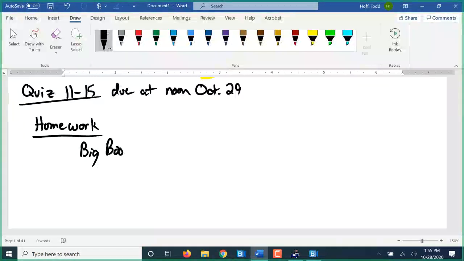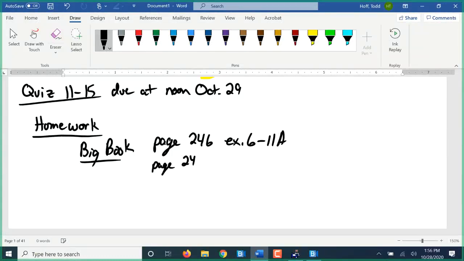For homework, we're in the big book. Page 246, Exercise 6-11A. Page 246, 247, Exercise 6-11B.